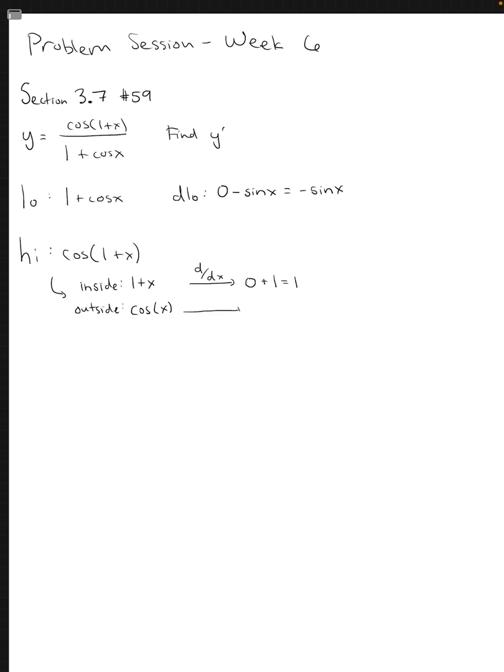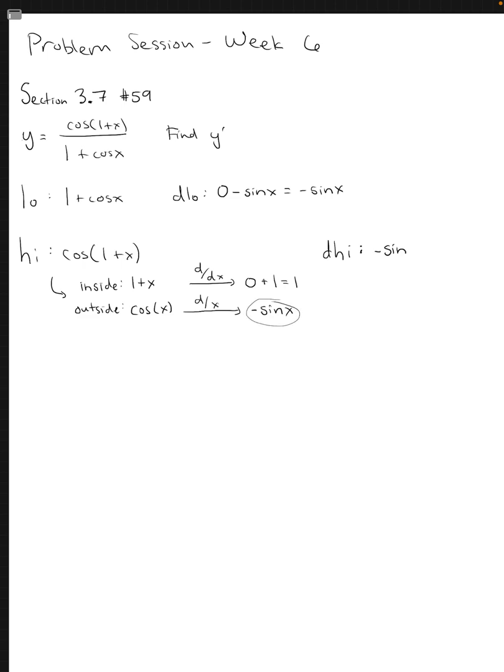And if we take the derivative of the outside, that, again, we figured that out before. That's negative sine x, right? And we did all this so that we could get d high, right? Because high is the piece that needs the quotient rule. And the way the chain rule works is that it's the derivative of the outside with the inside plugged in.